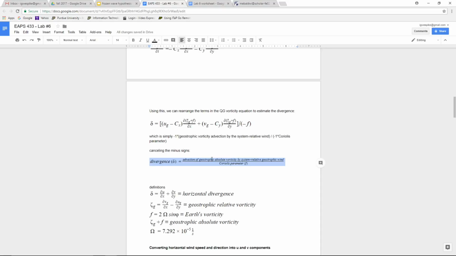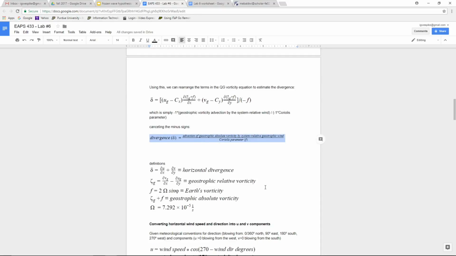So if we're looking at the vorticity advection and that happens to be positive, we should expect there to be divergence in that area. And if the vorticity advection is negative, we should expect there to be convergence. If the divergence is less than 0, we call that convergence. So that's really the point of this lab, is for you to see this relationship between the divergence and the vorticity advection.